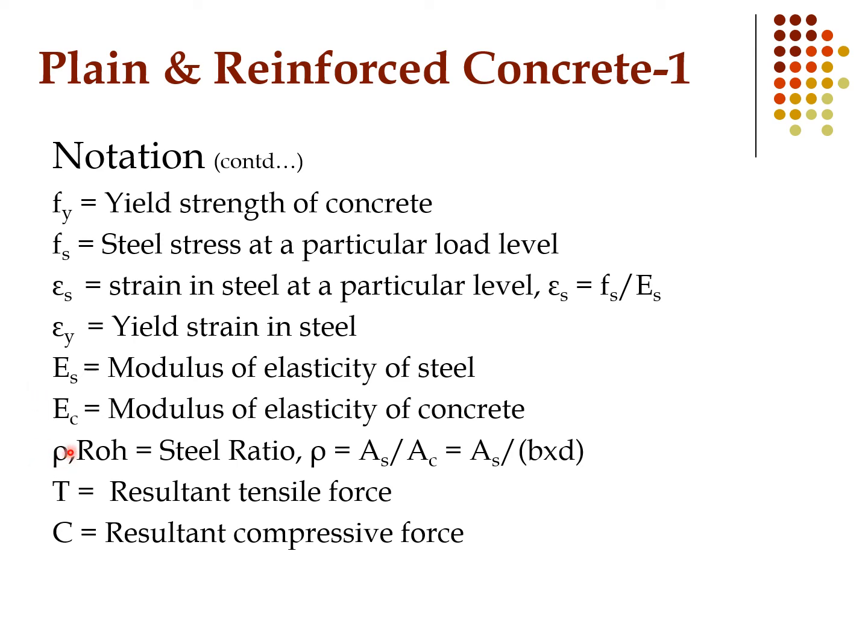Rho is the reinforcement ratio or steel ratio, and it equals the area of steel divided by the area of concrete. T is the resultant tensile force. C is the resultant internal compressive force.